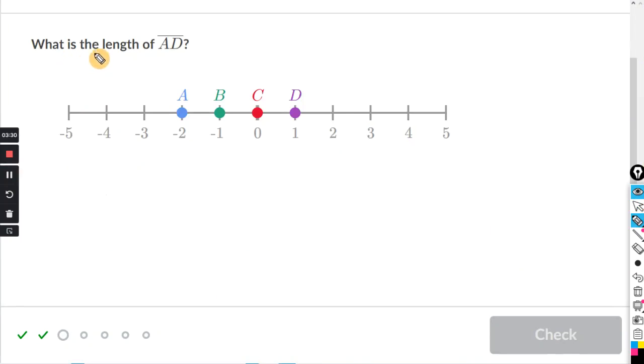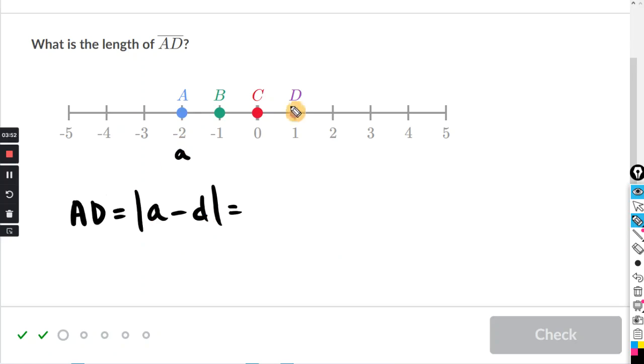So they want us to find the length of AD. Okay, so I'll do one more using the formula. So AD will be the absolute value of lowercase a minus lowercase d. Lowercase a is the number for point A, so that is negative 2.